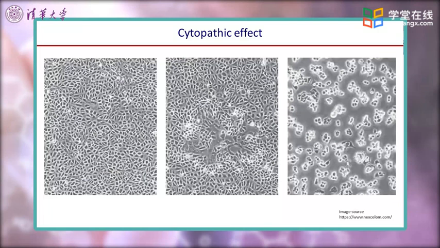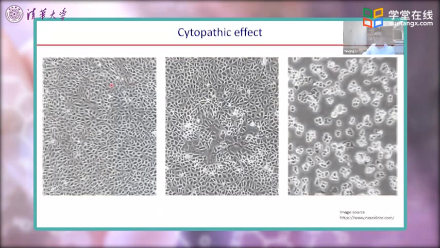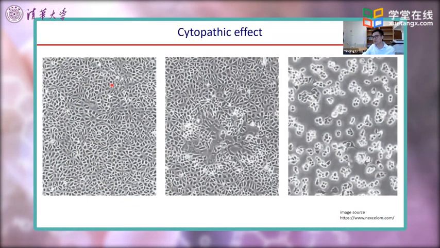So here are some examples. In normal cell culture, the cells look flat and healthy and grow very happily. When the cells get infected, they start to get a little bit unhealthy and start dying. As the infection grows, they show gradually more severe signs of stress and dying.